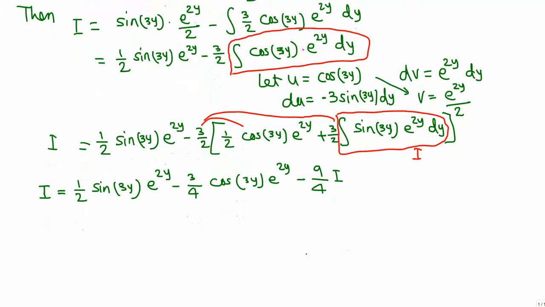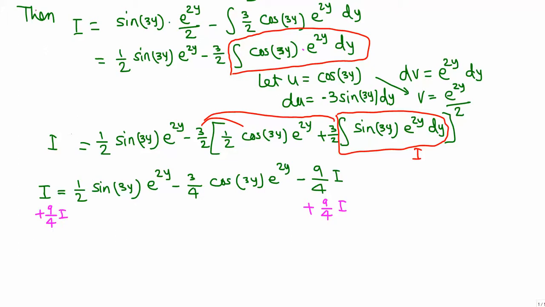Now this is -9/4 I, and we have one I, the same integral, but 9/4. Now we can move this to the left side. So we add 9/4 of the integral to both sides.